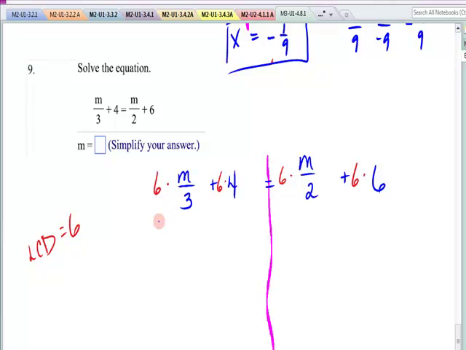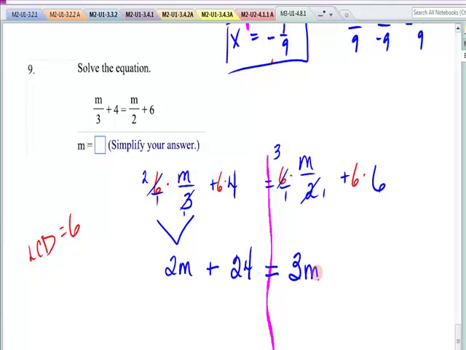For the first one, put the 6 over 1, 3 goes in there once, 3 goes in there 2 times, I get 2m. Plus, these are not fractions, so just multiply for 24, equal sign. This is times a fraction, so put it over 1. 2 goes in there once, 2 goes in there 3 times, so I get 3m plus 36.